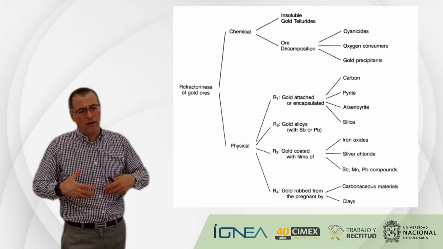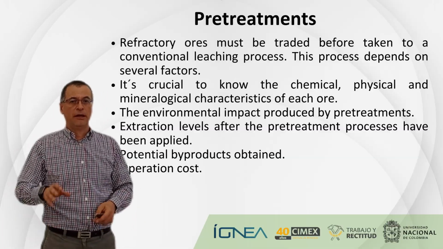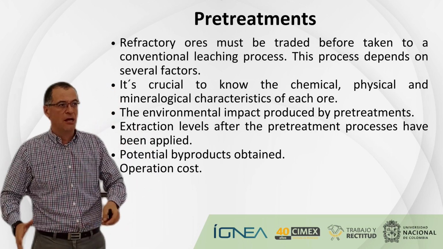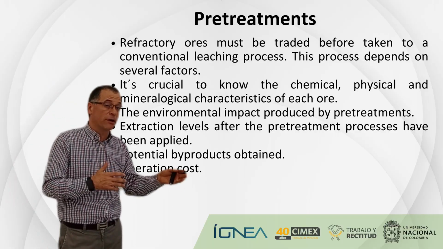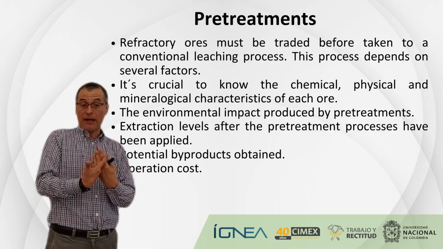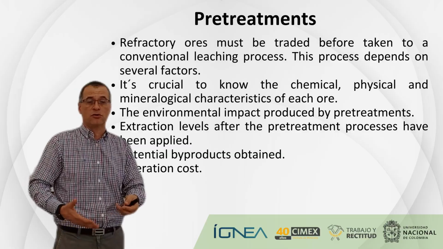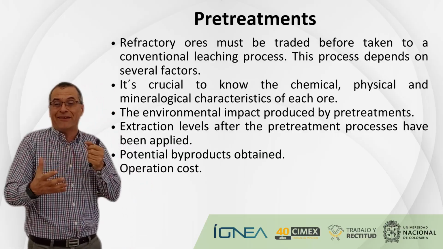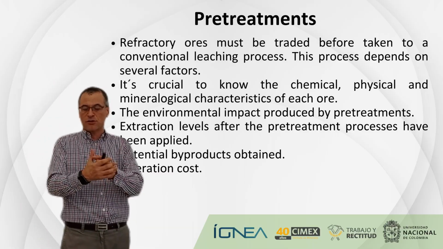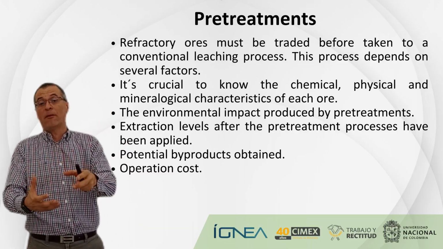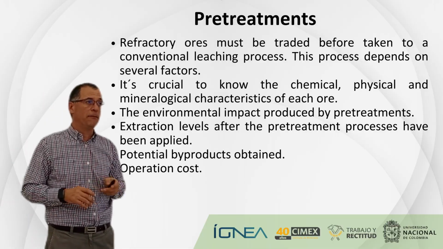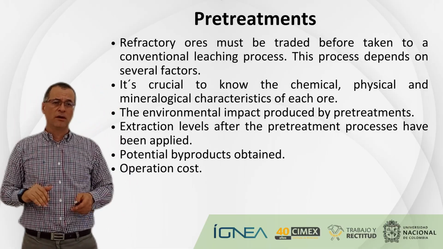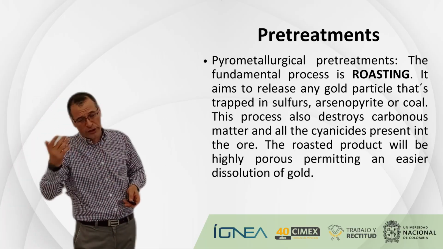How to work when you have refractory? The best option is to make some pretreatments, because when you have refractory it's not possible to have the cyanidation reaction, and the recovery of gold is avoided. Some pretreatments are at high temperature, like roasting.